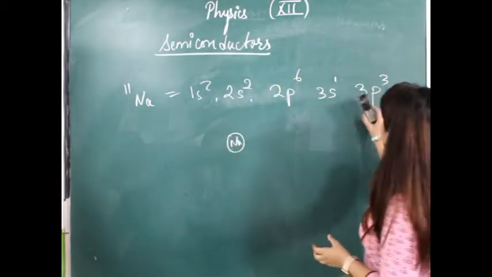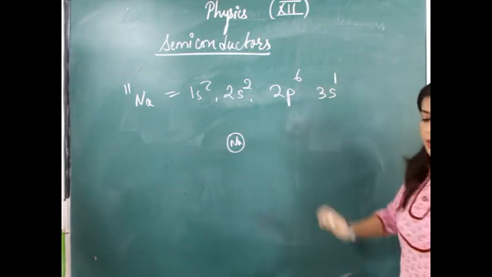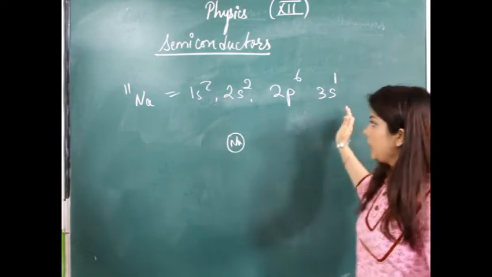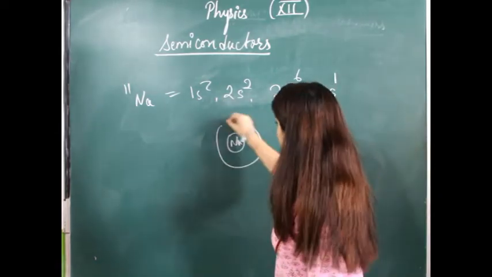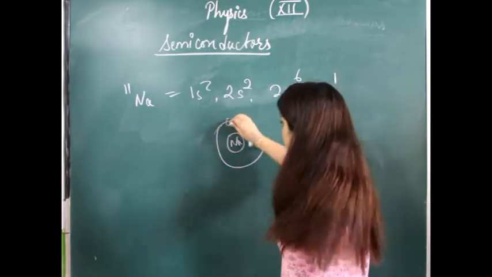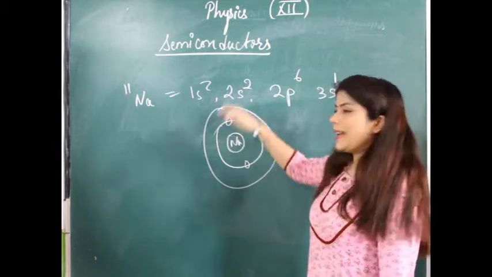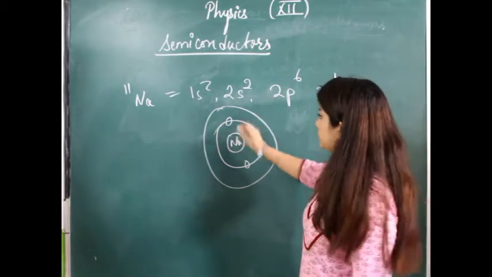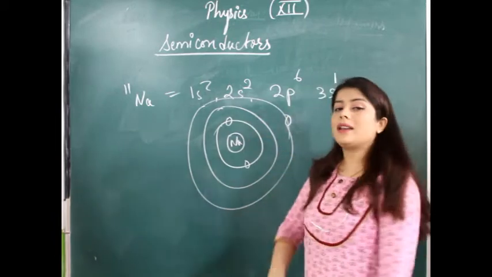So this is the range of electrons, how they are distributed. In the first energy band, there are 2 electrons, then 8 in the next one, then in the final one, only 1 electron.